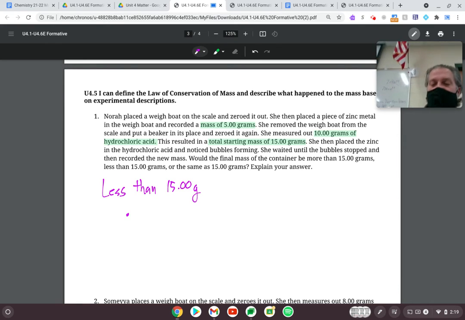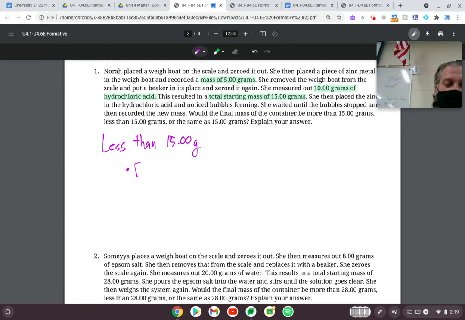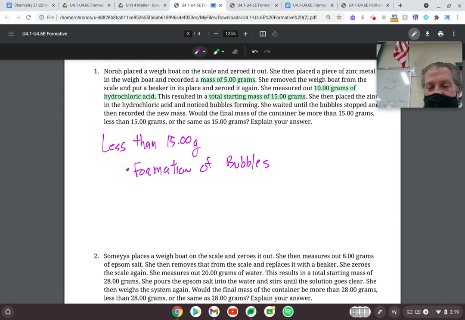And we're looking for you to tell me, in terms of your explanation, something like formation of a gas or formation of bubbles. That means there's a gas present.